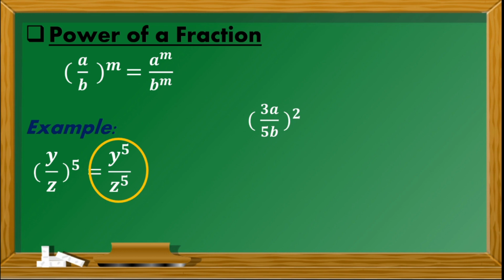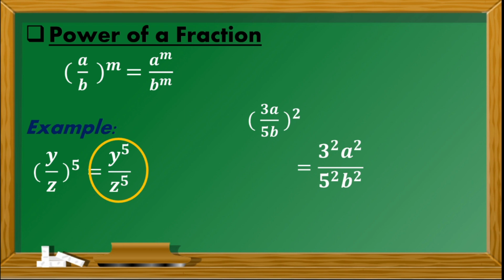Another example is quantity 3a over 5b raised to 2. Ganun ulit yung gagawin. Magiging siyang 3 raised to 2 times a raised to 2 over 5 raised to 2, b raised to 2. So, binigay lahat natin yung 2 dun sa nasa loob. And then, sagutan natin. I-multiply natin ng dalawang beses si 3.